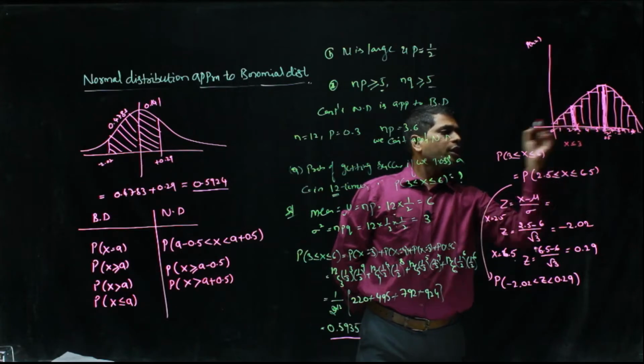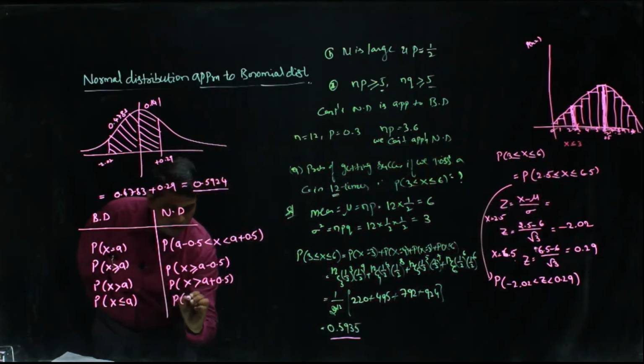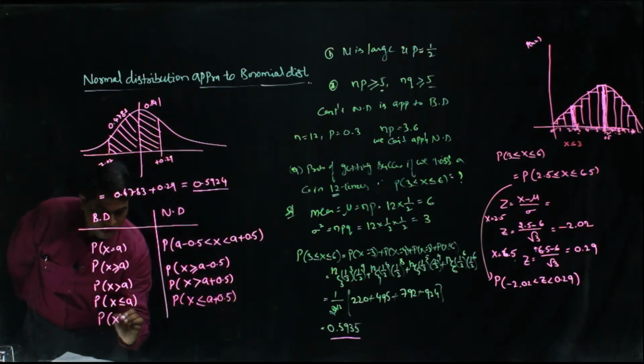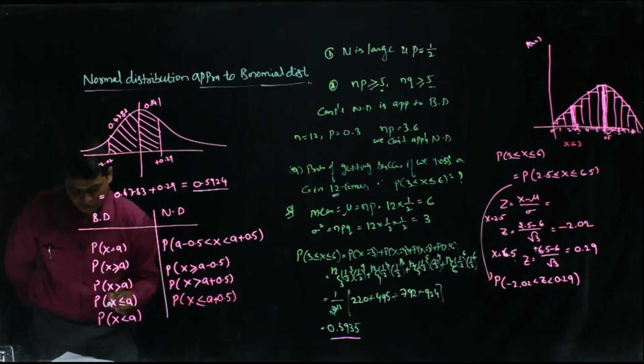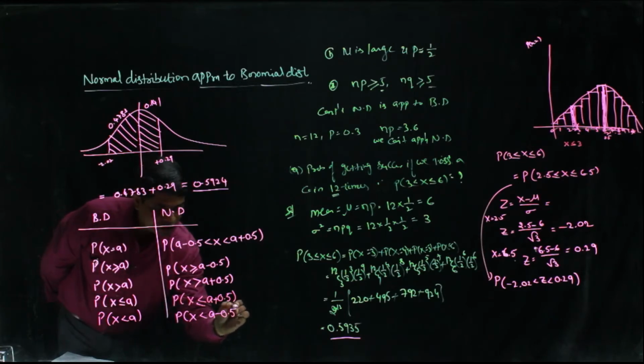We get the probability of x less than or equal to a plus 0.5. Similarly, for x less than a, we can write the probability of x less than a minus 0.5.